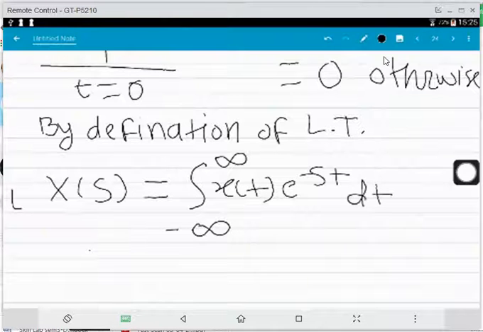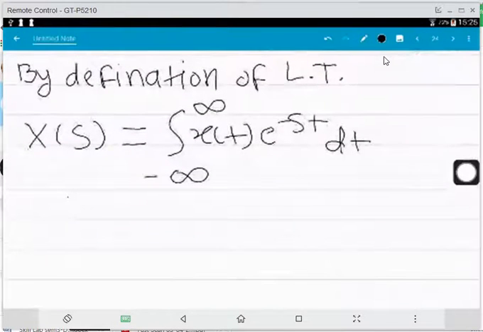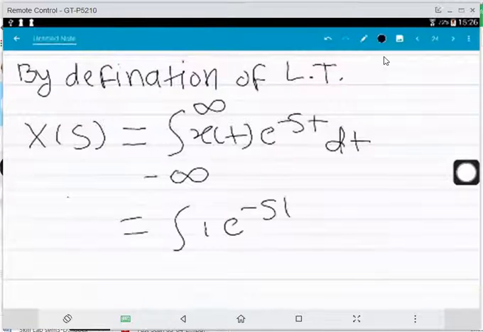Now we have to put the value of x of t. As x of t value is equal to 1, e to the power minus st into dt at t is equal to 0.